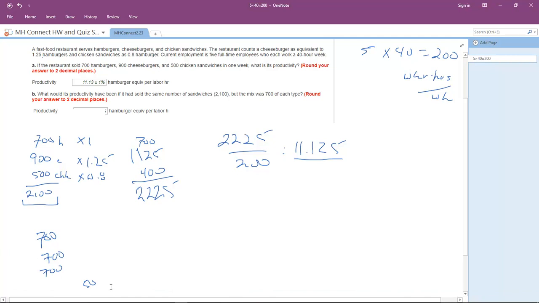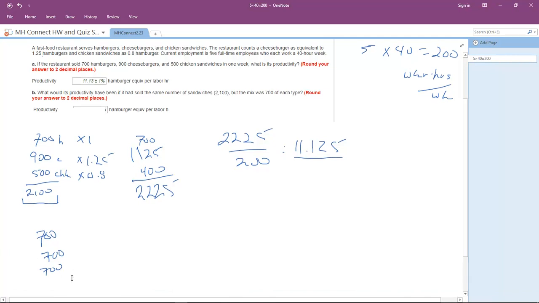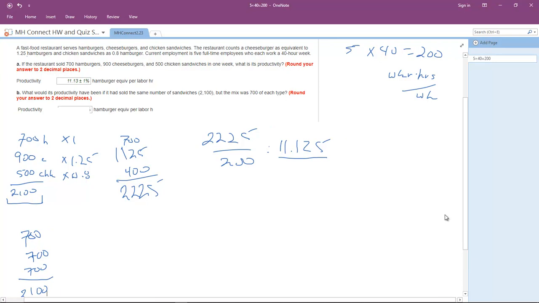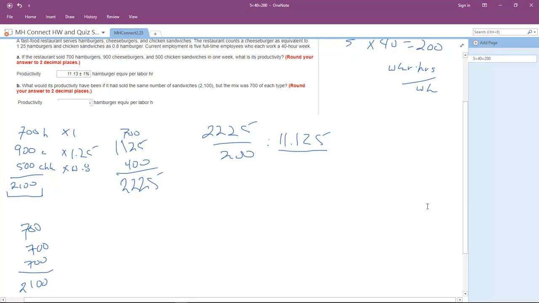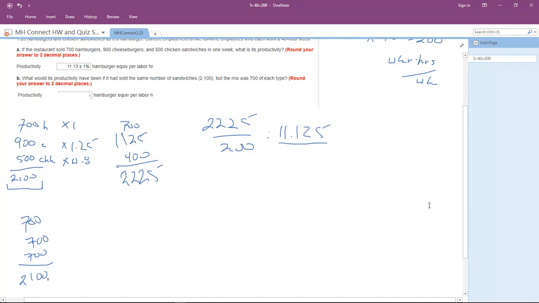And let me get rid of this distracting little number left over from something else. That should give us our 2,100. Let me move down just a bit more. There we go. So we still have 2,100 sandwiches, but a different mix.